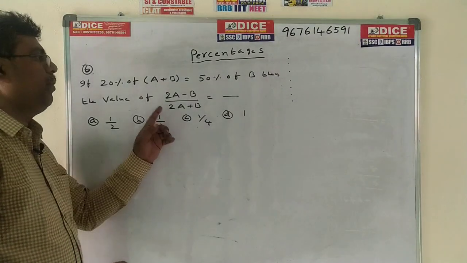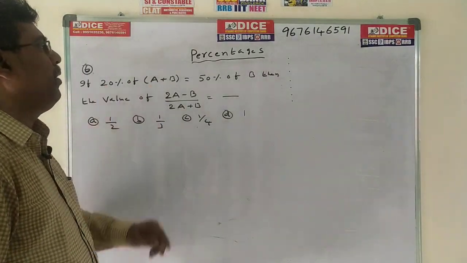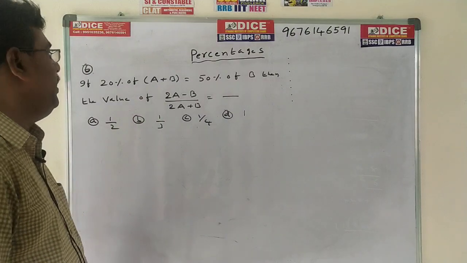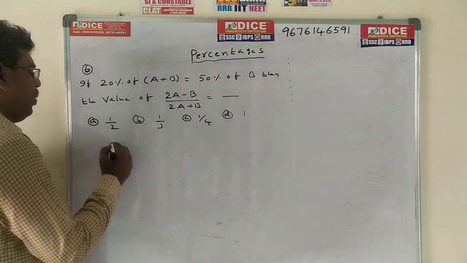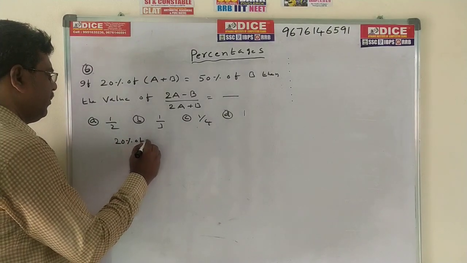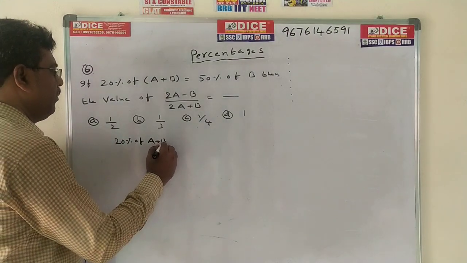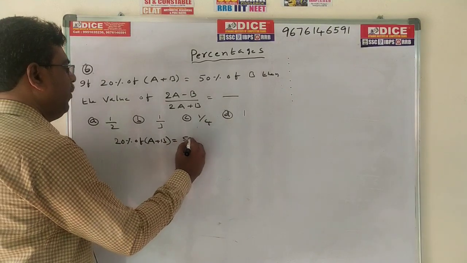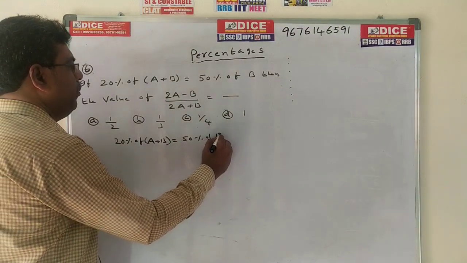Now come to this problem. 20% of (a plus b) is equal to 50% of b. So 20% of (a plus b) is equal to 50% of b.